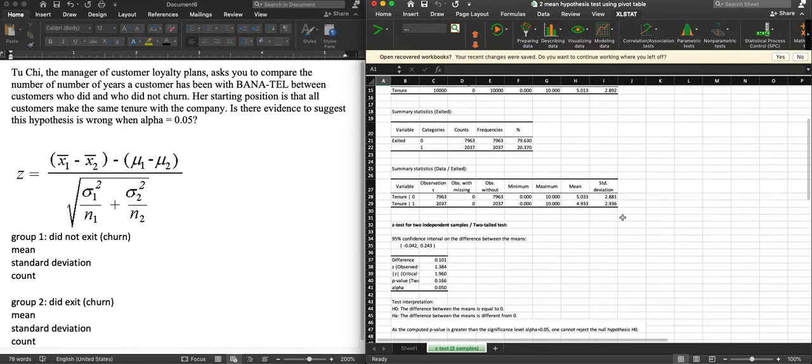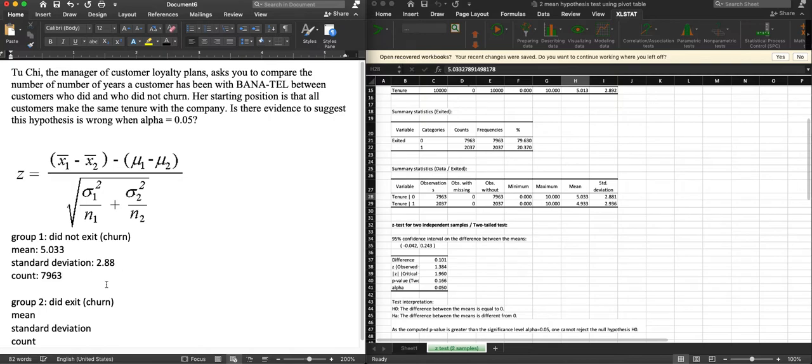And it's given us this information to summarize for us. So the tenure, the number of years you've been with the company, if you are 0, the mean is 5.033. The standard deviation for this group is 2.88, and the count is 7,963.